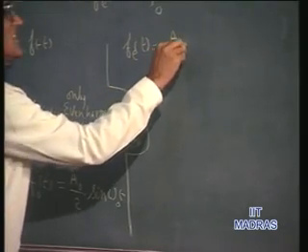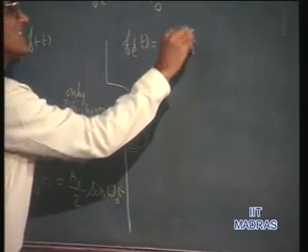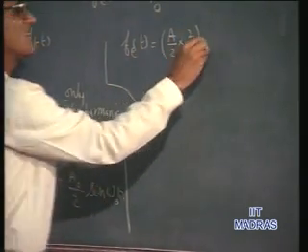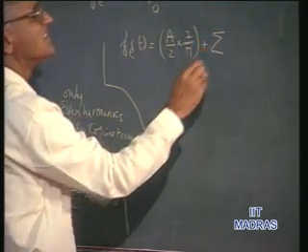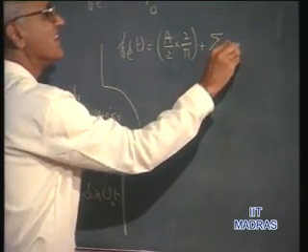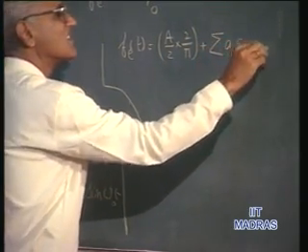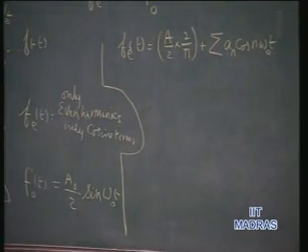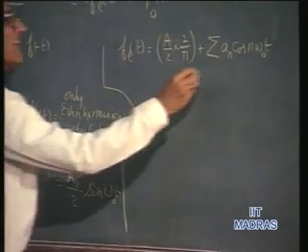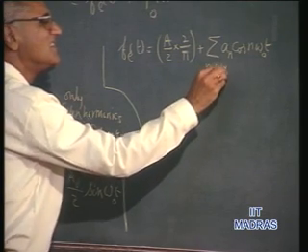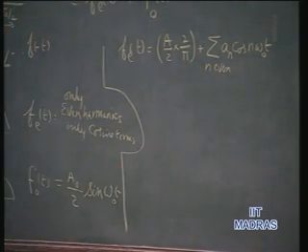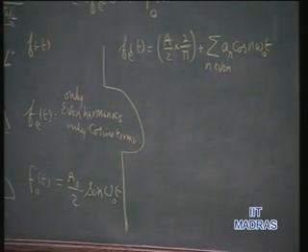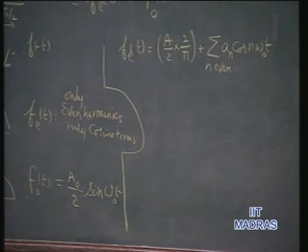average value 2 upon pi, that is the DC term, plus you have an cos n omega t, where you need to have n even only, because odd values of n would be absent because it contains only even harmonics.